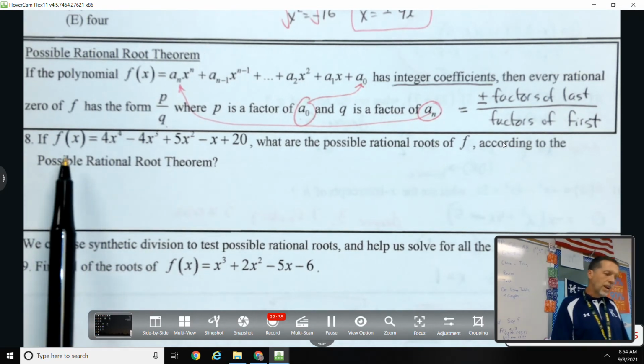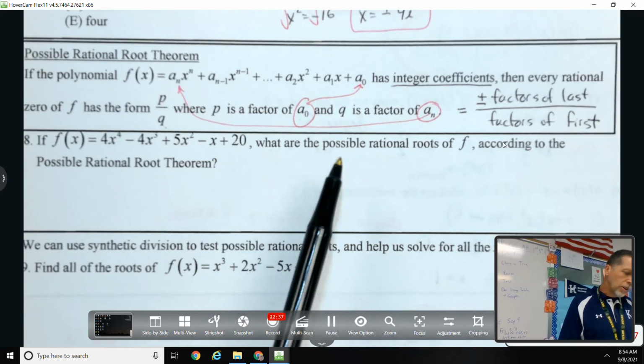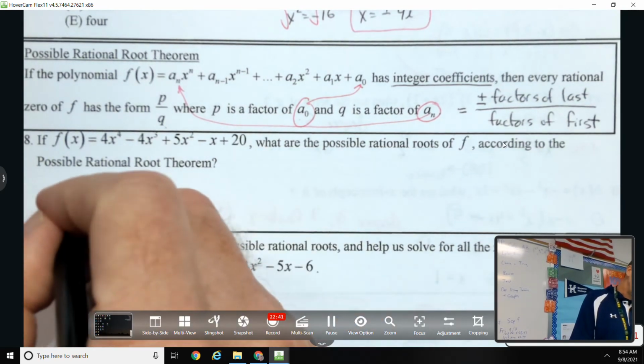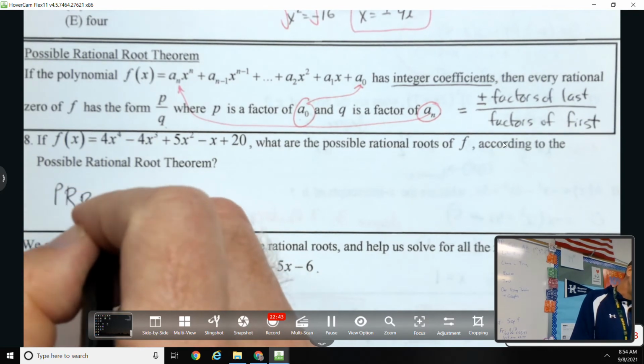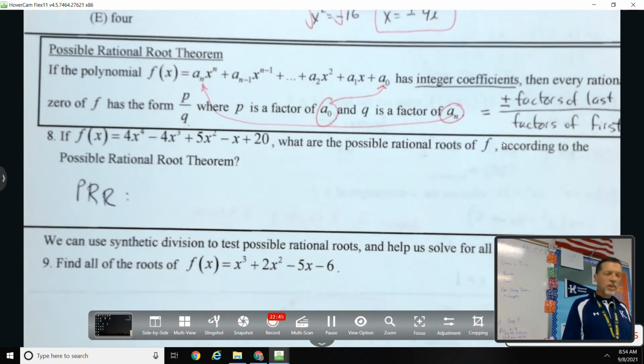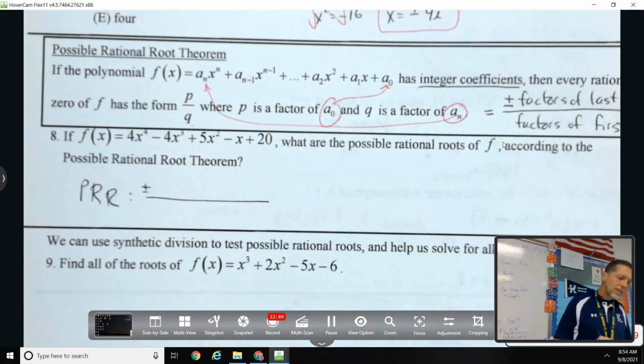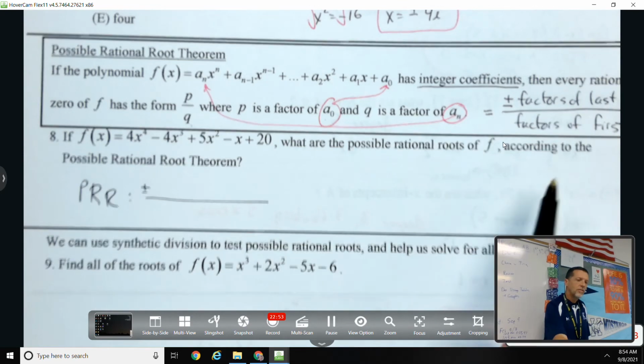Number 8. Here's our polynomial. What are the possible rational roots of f according to the possible rational roots theorem? So here's how we write it to start with. Plus or minus. And then I'm just going to list out the factors of the last term.